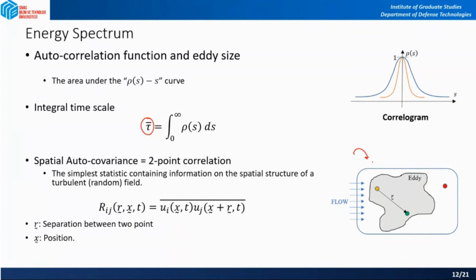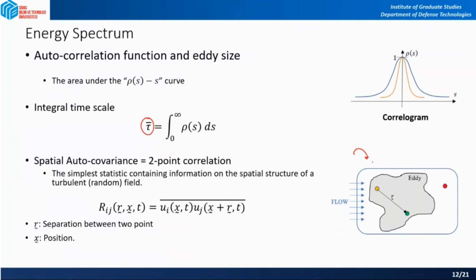The eddy shows up in the instantaneous flow, not in the averaged flow. So the only way to get the instantaneous field data is to use PIV experimentally or doing DNS numerically.